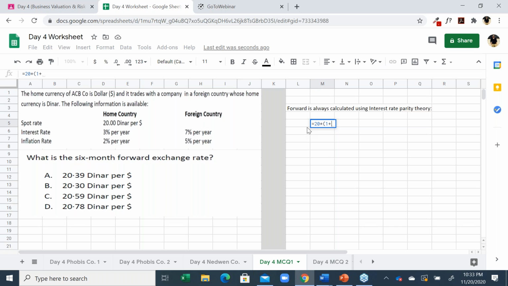So in the numerator, 7%, and that is because the rate is quoted in dinar. And then we should divide it by the interest rate of the other country, which is 3%.